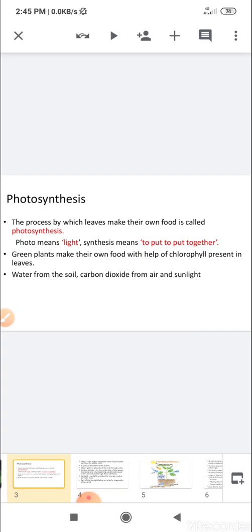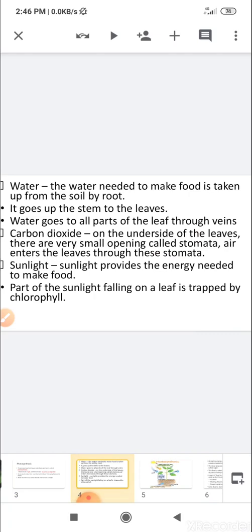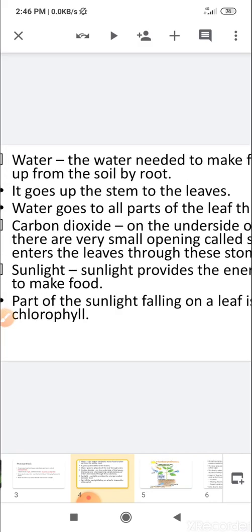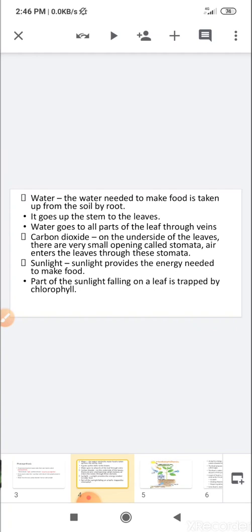And what are the other substances needed for photosynthesis? Water from the soil, carbon dioxide from the air, and sunlight. And from where do they get water? Water they get from the soil by the root. It goes up to the stem, to the leaves. Water goes to all parts of the leaf through the veins.